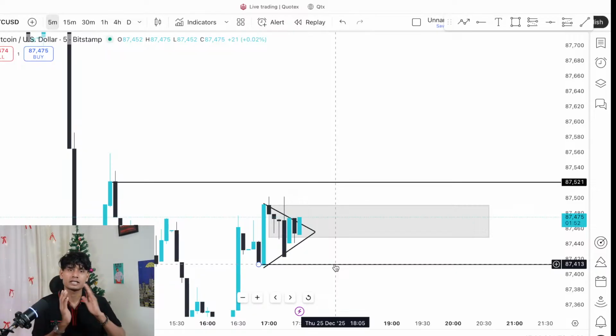You wait, you be patient, and where people have their stop losses, there you are supposed to buy or sell accordingly. Understand the retailer's mindset, the hedge fund's mindset, everyone's mindset, and then you're gonna understand how the market is gonna move in the future.